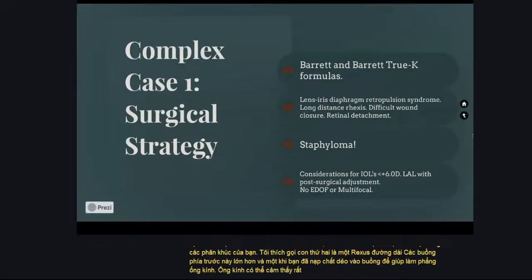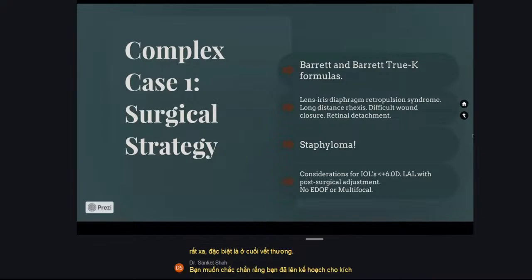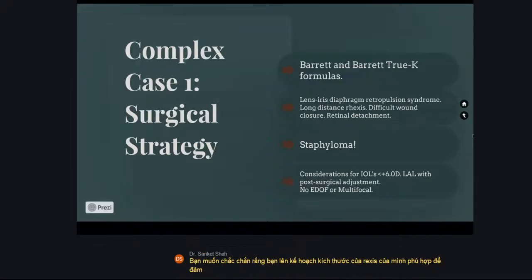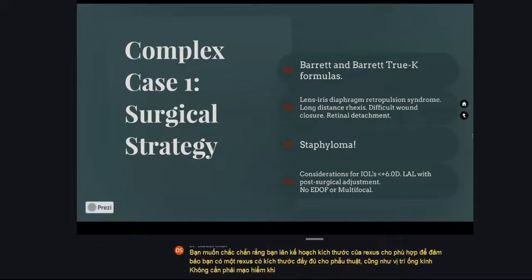You might feel that your forceps or your cystotome, whatever you use for your rhexis, is reaching very far, especially at the far end of it. You want to make sure that you plan the size of your rhexis accordingly to make sure you have an adequate sized rhexis for surgery as well as lens placement without running the risk of going so far away that you lose control on the rhexis and have the chance of it running out to the equator.